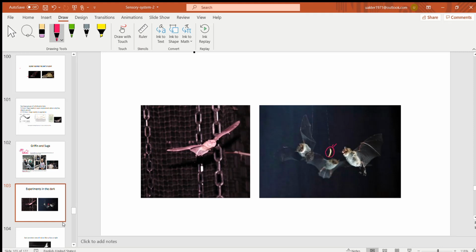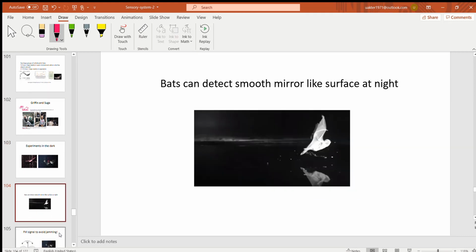Bats love mealworm. We used strings to hang the mealworm in the dark room, and we noticed how the bats use their wings to first grab the food and then put it very nicely inside the mouth. If you see the video, I'll post a couple of videos, you will be able to see how bats catch prey. It's very interesting.